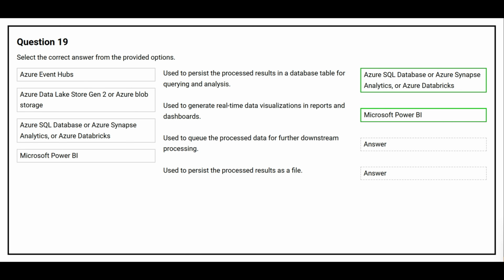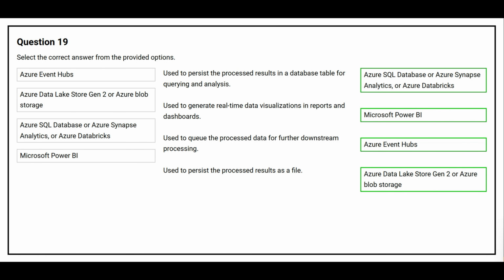The correct answer is Microsoft Power BI. The third question is, used to queue the process data for further downstream processing. The correct answer is Azure Event Hubs. The fourth statement is, used to persist the process result as a file. The correct answer is Azure Data Lake Store Gen 2 or Azure Blob Storage.